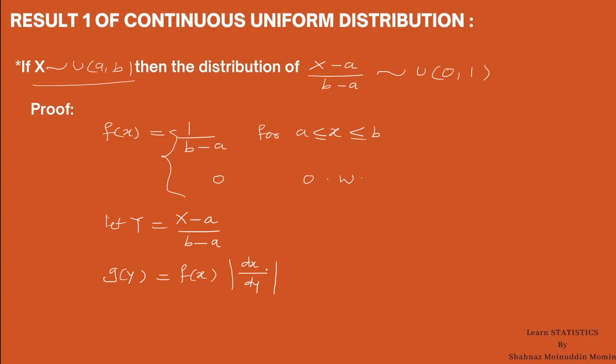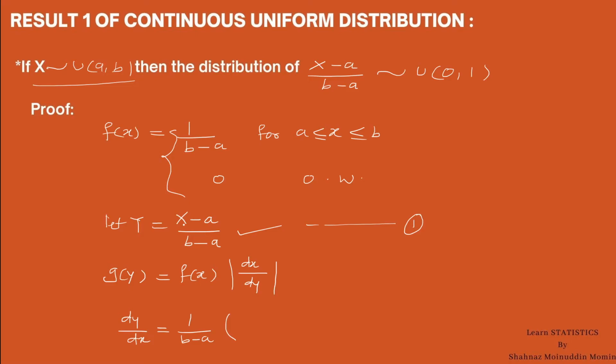So first we have to calculate this dx by dy. Now let us calculate dy by dx. Here is y, equation number 1. Differentiate it with respect to x. We take 1 upon (b minus a) outside and differentiate the factor (x minus a).